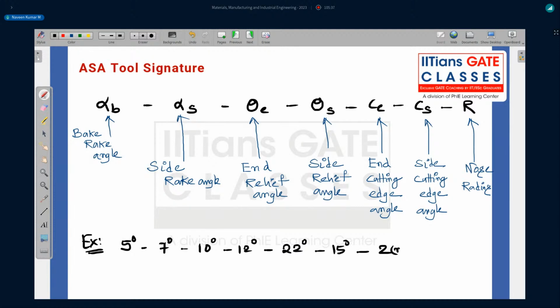So just here I'm mentioning mm. So it means that 5 degrees is your back rake angle, side rake angle, end relief angle, side relief angle, end cutting edge angle, side cutting edge angle, and this is your nose radius. So in examination, if this signature is given, automatically you should be able to identify which angle is what.